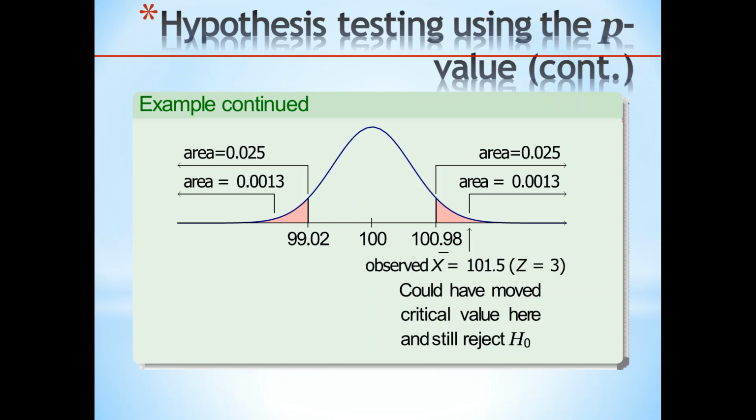And here the graphical interpretation of the two-tailed test is given. The lower boundary is 99.02 and the upper boundary is 100.98, and x bar lies far more towards the right, beyond the upper boundary, that is 101.5. A point to be noted is that the area equals 0.025.